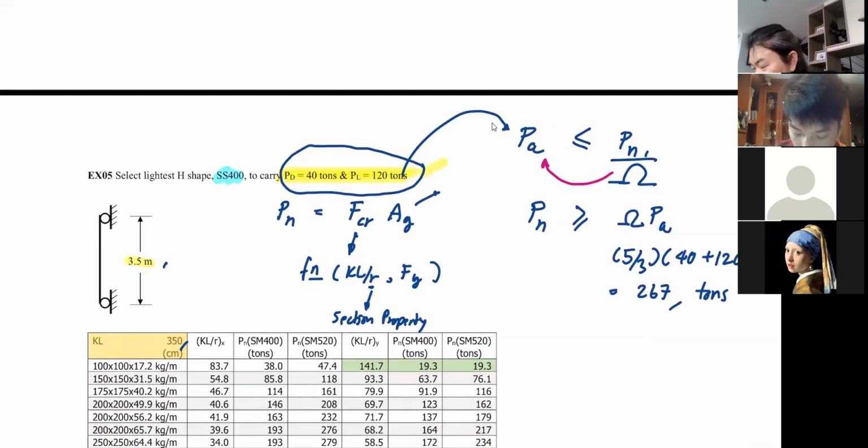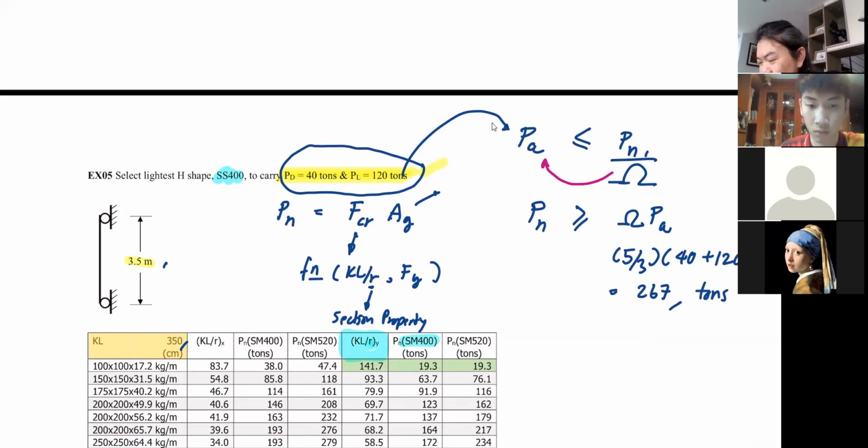So we go ahead and look at this column. See, KL over RY. And now because we choose SS400, forgive me, it's quite some time ago, and I was still attached to SM400, didn't change that.